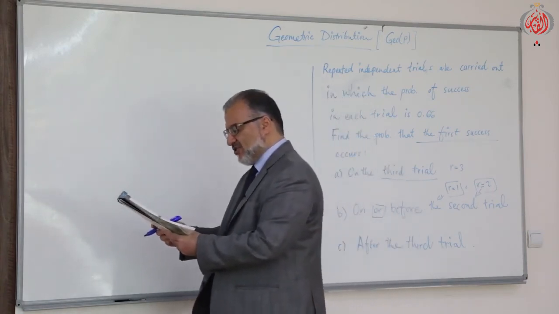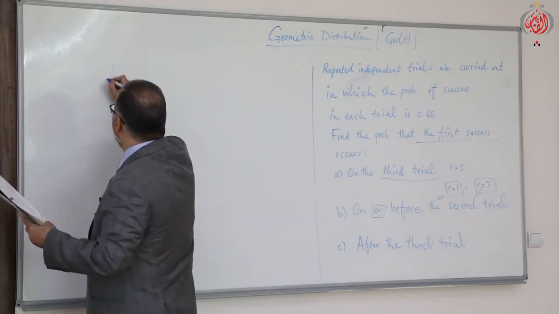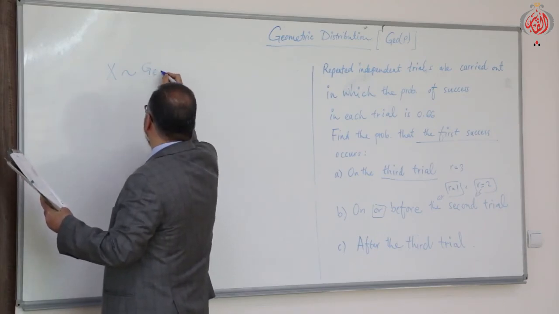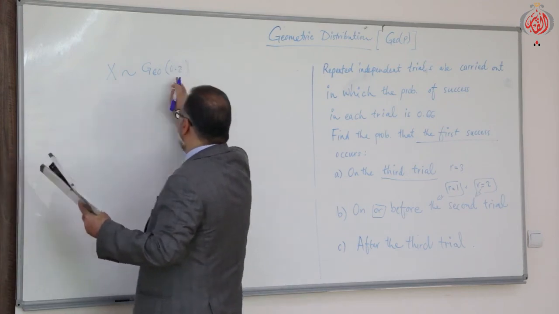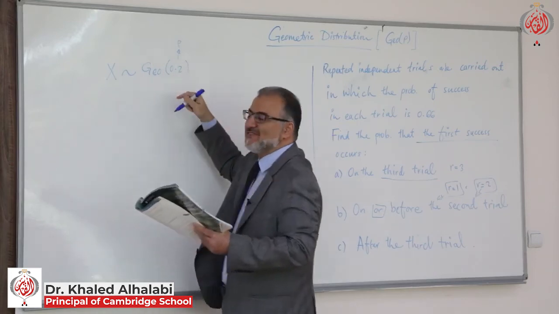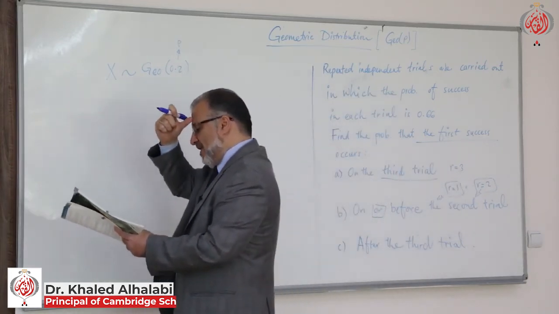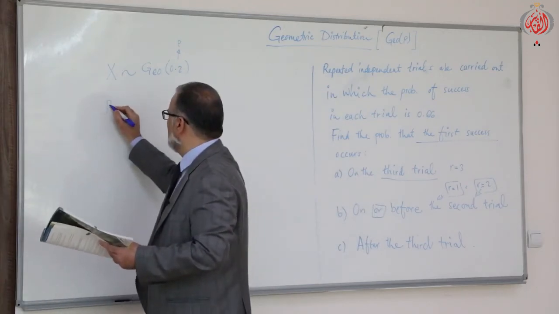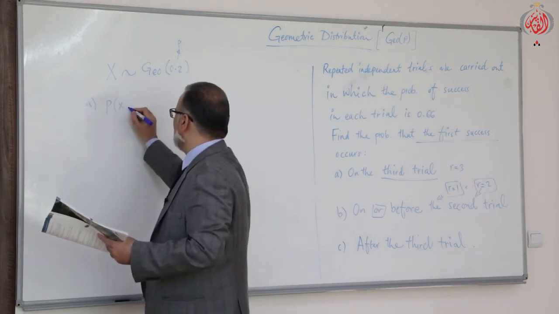The question says the discrete random variable x follows a geometric distribution with 0.2. What is 0.2? We said one parameter is p, the probability of success. We need to find part A, the probability of x equals 7.